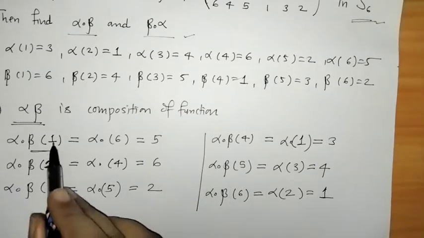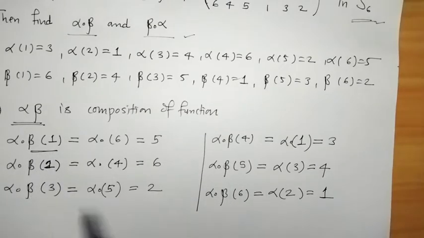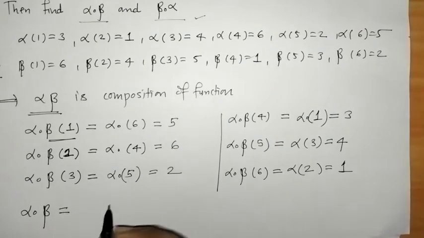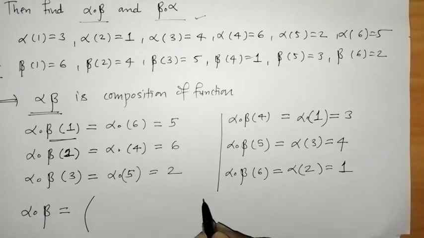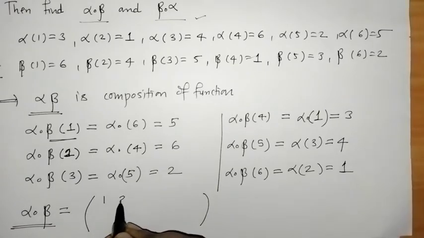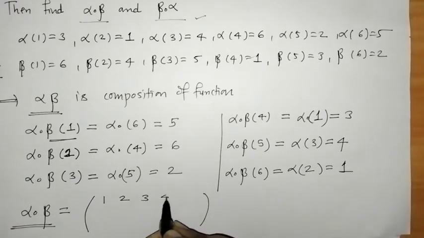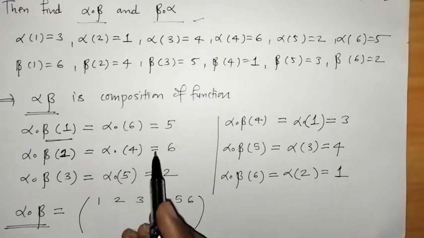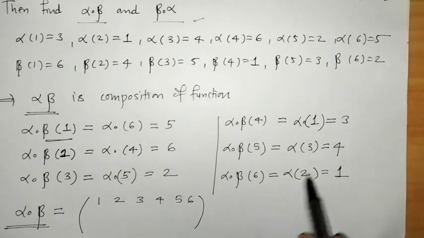So we find all these values and write them down in this composition alpha beta. In the first row we write all the elements 1, 2, 3, 4, 5, 6, which are the elements of set S6, and we write down all the values which we have found here.